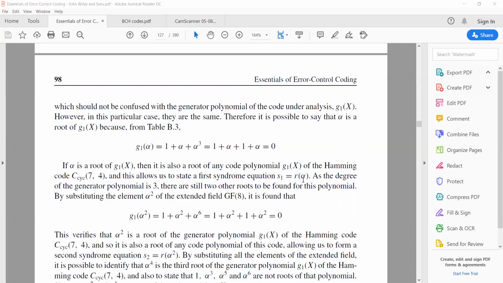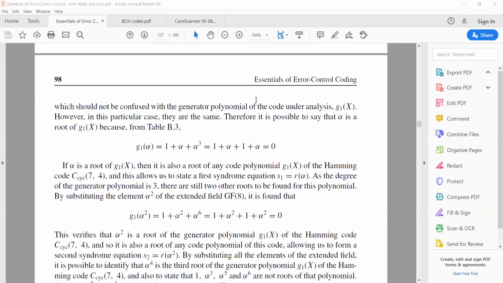So this becomes our first syndrome. I hope you can understand it. As the degree of the generator polynomial is 3, because the generator polynomial was 1 plus x cubed. So the degree of the generator polynomial was 3. I have told you that when a polynomial equation possesses a degree of m, then the number of roots will also be m.